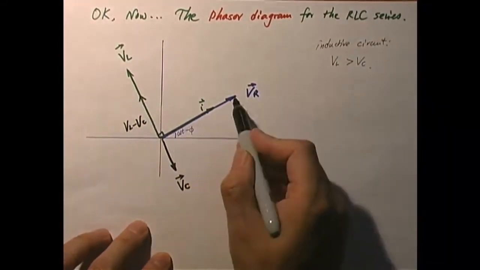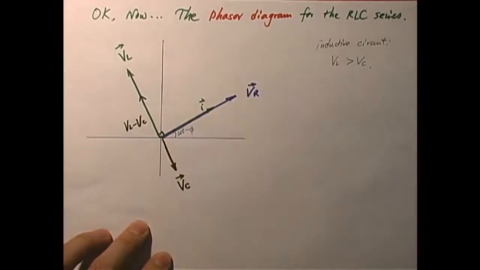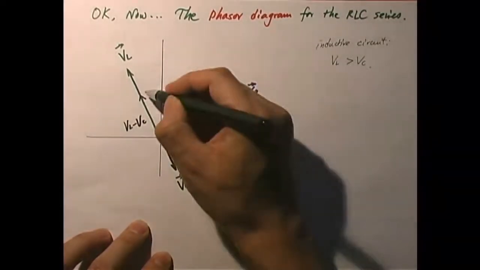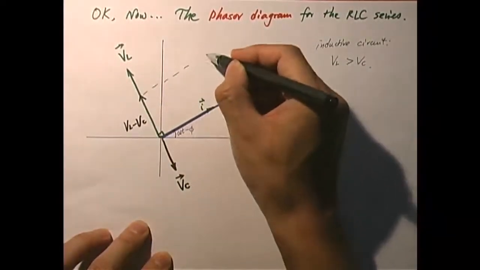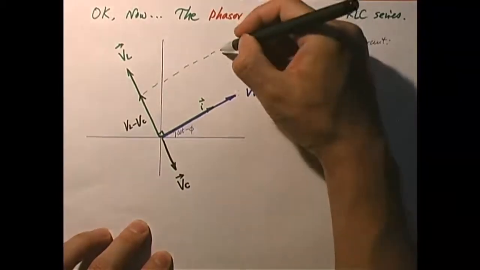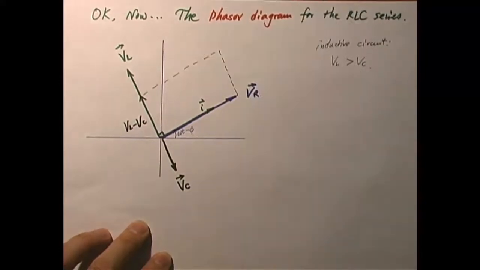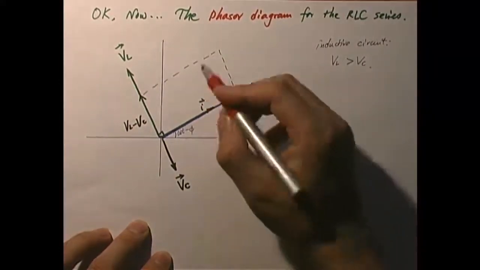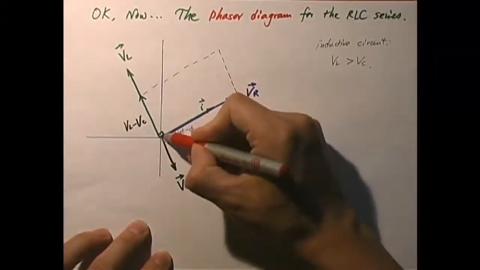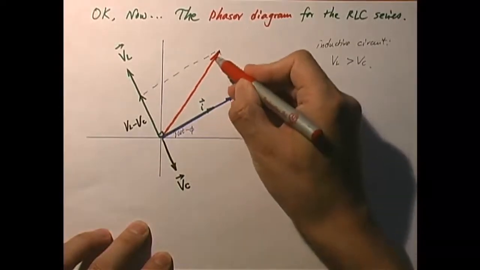Now I'm going to combine that with VR. Here's how I combine with VR. This is, in fact, a very simple rectangle. So you add them all together, and you get this red vector.